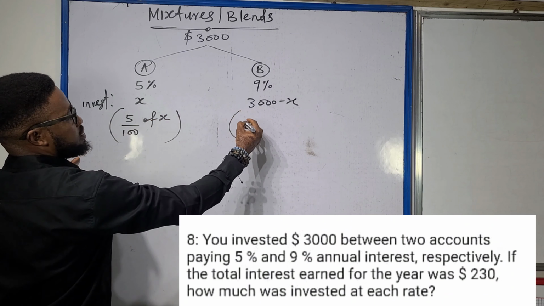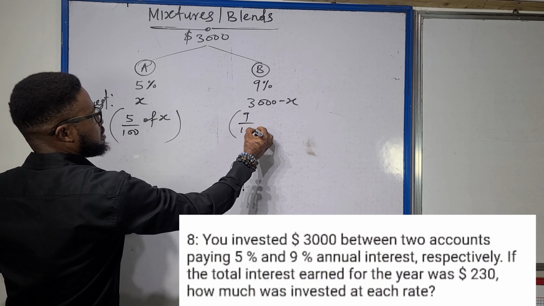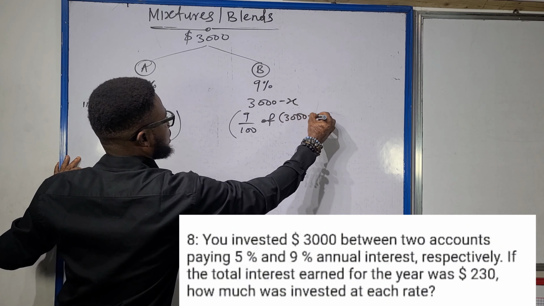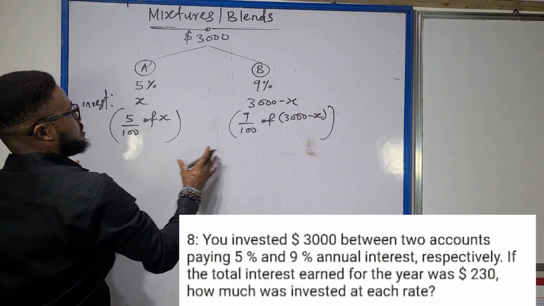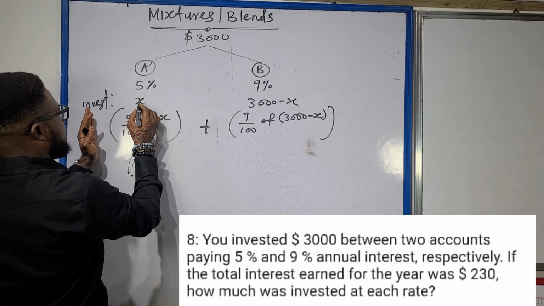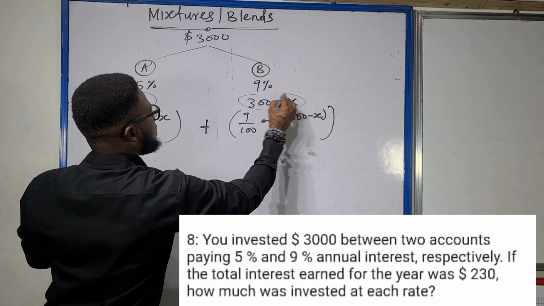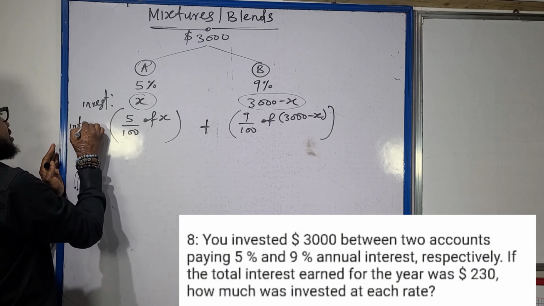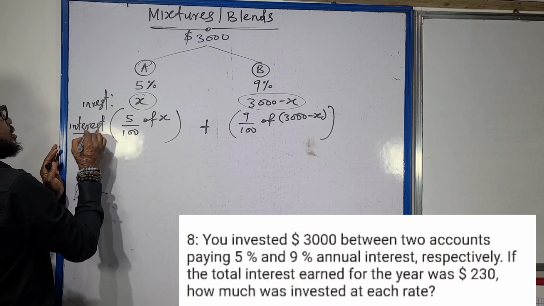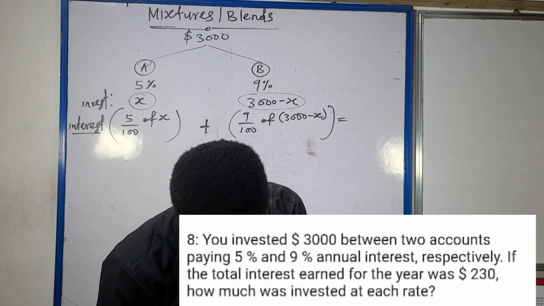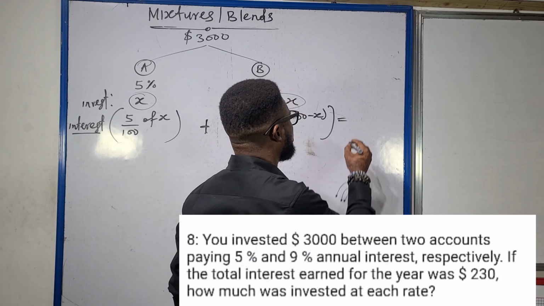And here, what is 9% of 3,000 minus X? So this is the interest. This is how this was invested here. This was invested here. So this is how we calculate the interest. So this plus this should give us the total combined interest, as you can see from the question, which is $230.